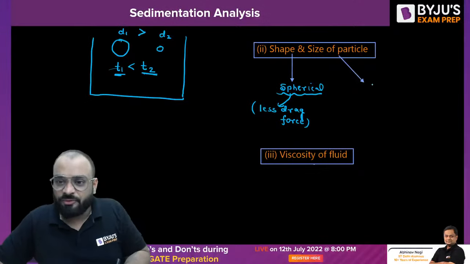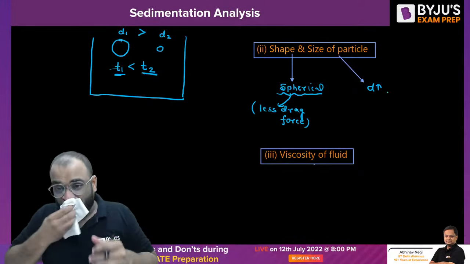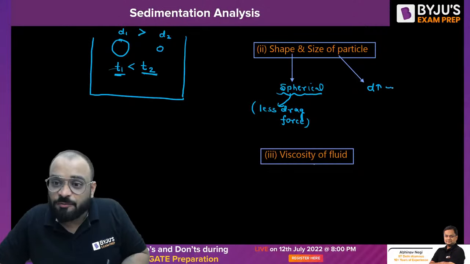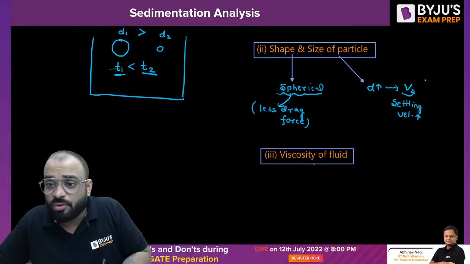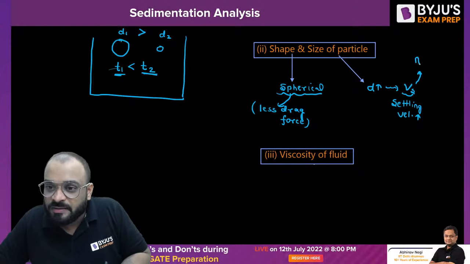So it means if the size of the particle is larger, then the settling velocity will be more. If the settling velocity is more, can I say that sedimentation efficiency will be more?